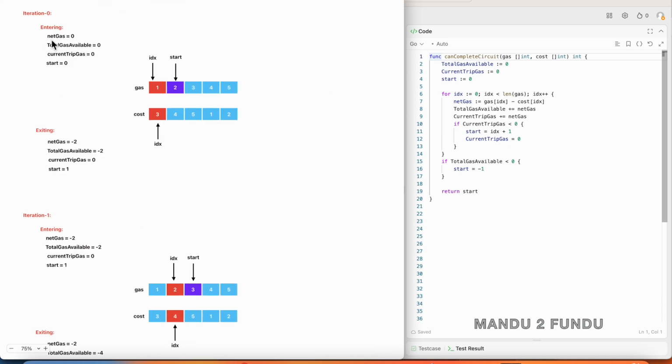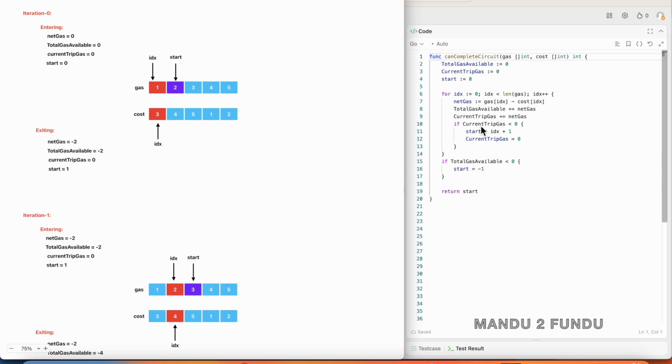In iteration 0, when we enter the loop, the net gas is 0, total gas available is 0, current trip gas is 0, starting station is 0. In the body we compute the difference between these two entries, which is -2, so the net gas is -2, and we add that value to the total gas available variable as well as the current trip gas.